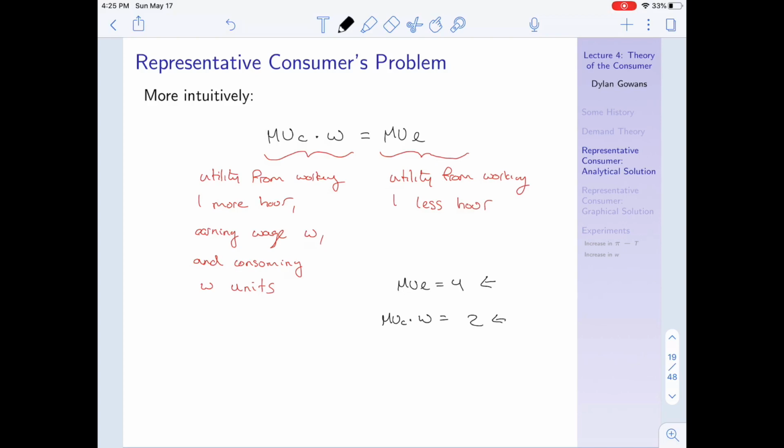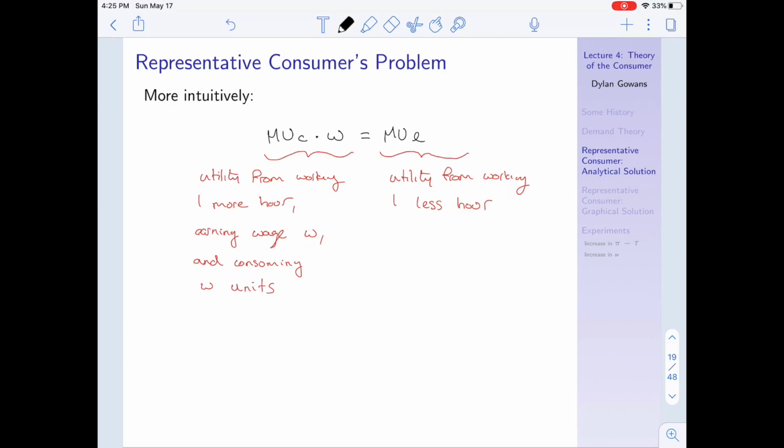So it's very much the same argument as what we saw before. Now I'm just expressing it not in terms of dollars spent, but in terms of hours either worked or used for leisure. Again, these marginal utilities, when adjusted for their prices, have to be equal, because if they're not, then I can readjust my budget of hours to increase my utility.